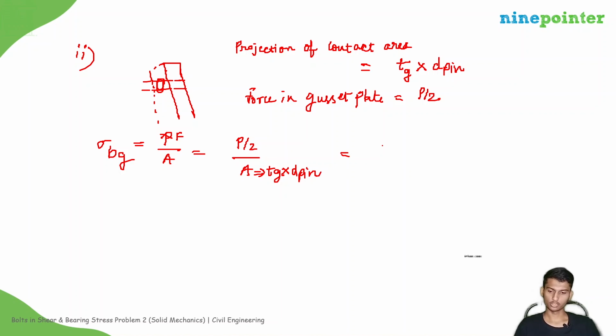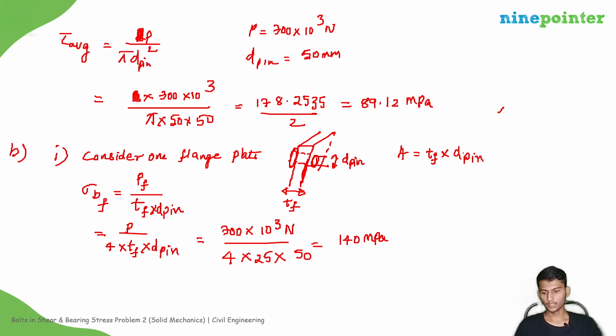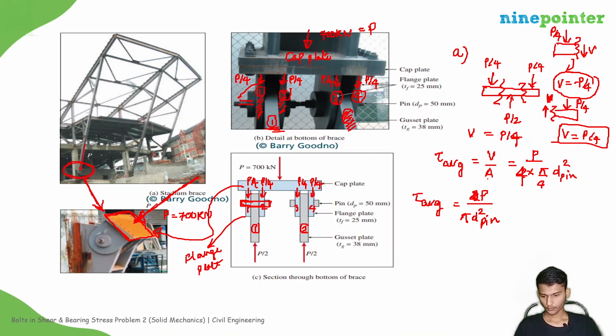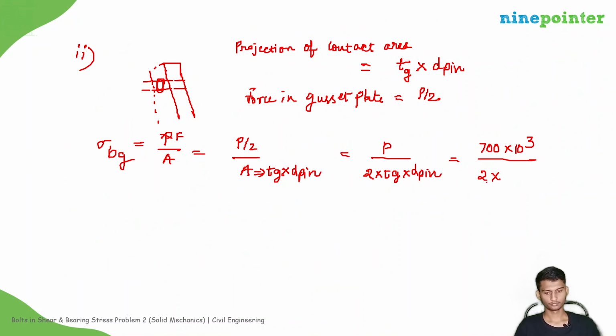So that will be equal to P divided by 2 into Tg into D pin. Okay. Let us put the values. P is 700 kilonewtons. So 700 into 10 cube divided by 2 into Tg. Thickness of gusset plate is 38 mm and D pin is 50, right?